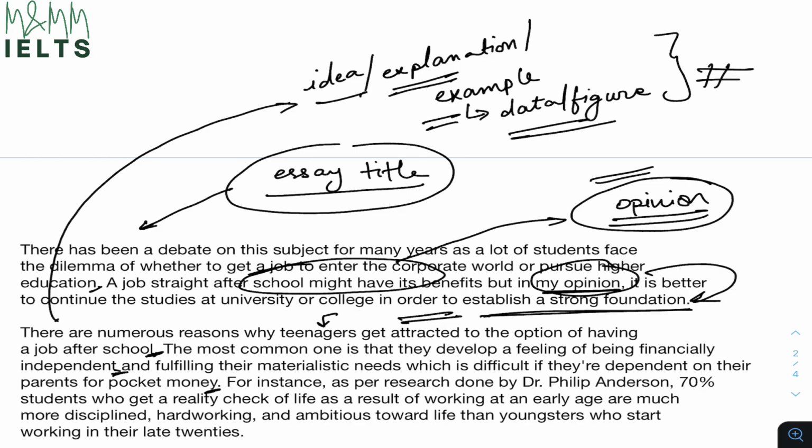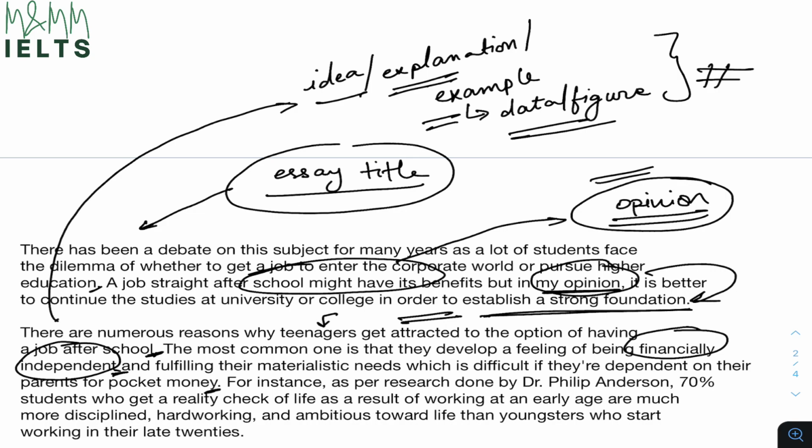So the idea is that they want to be financially independent. And the little explanation that I was talking about is that not only do they want to be financially independent, but they want to fulfill their materialistic needs, like buying a phone or iPad or music system, whatever. I'm just giving you an example. That's when they get that sense of being financially independent.